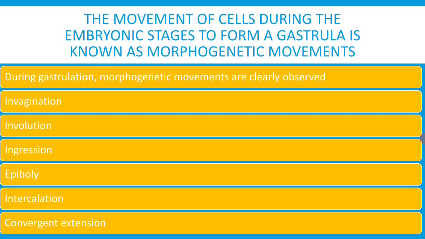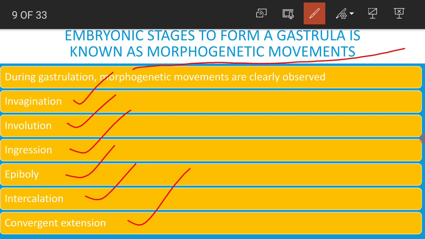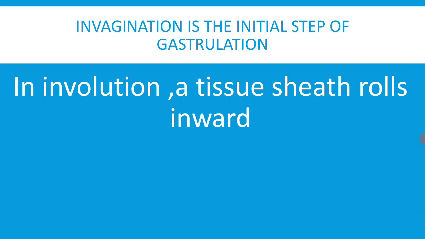The movement of cells during the embryonic stages to form a clear-cut gastrula is known as morphogenetic movements. And during gastrulation, various morphogenetic movements like invagination, involution, ingression, epiboly, intercalation and convergent extensions are seen. Invagination, of course, is the initial step of gastrulation.